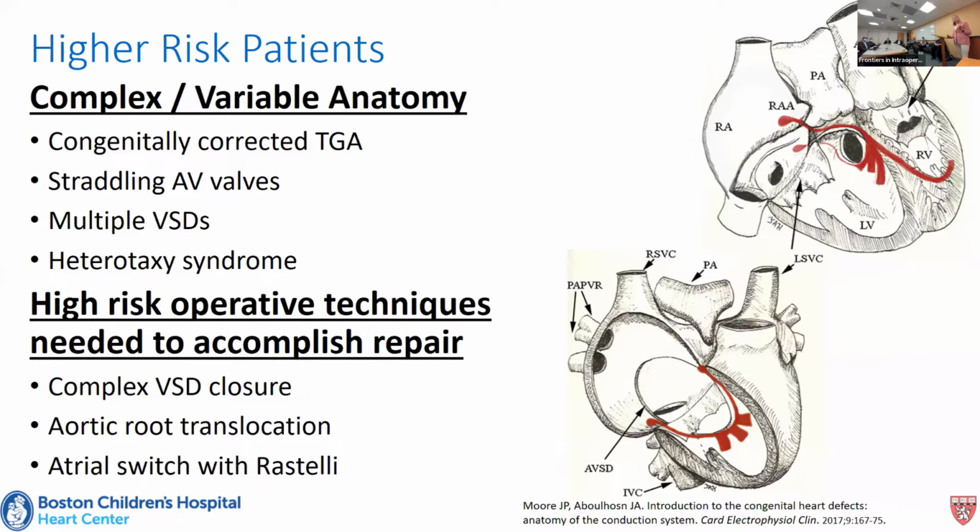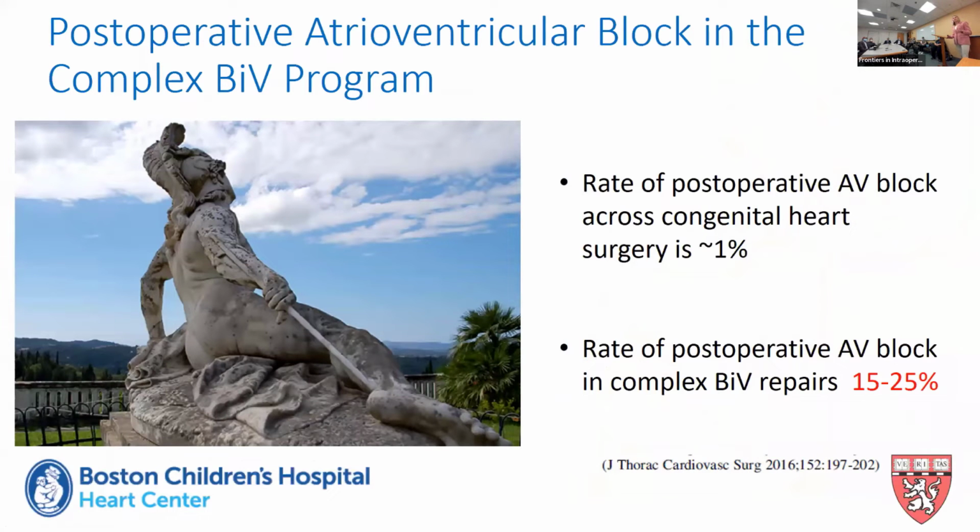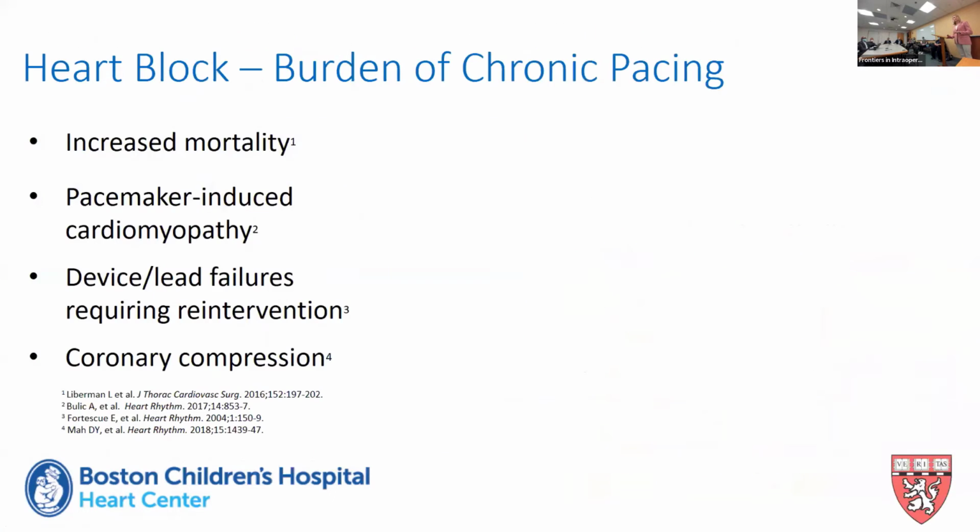And I think those 2 things are significant, and published reports have shown that in some of these complex repairs, especially in heterotaxy patients, the rates of AV block are back up into the 15 to 25% range, and that's really unacceptable for us in the current era.